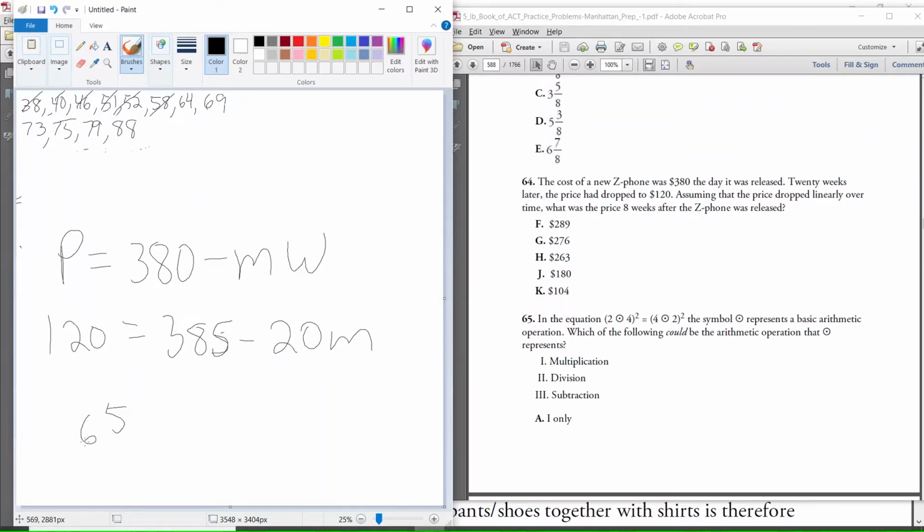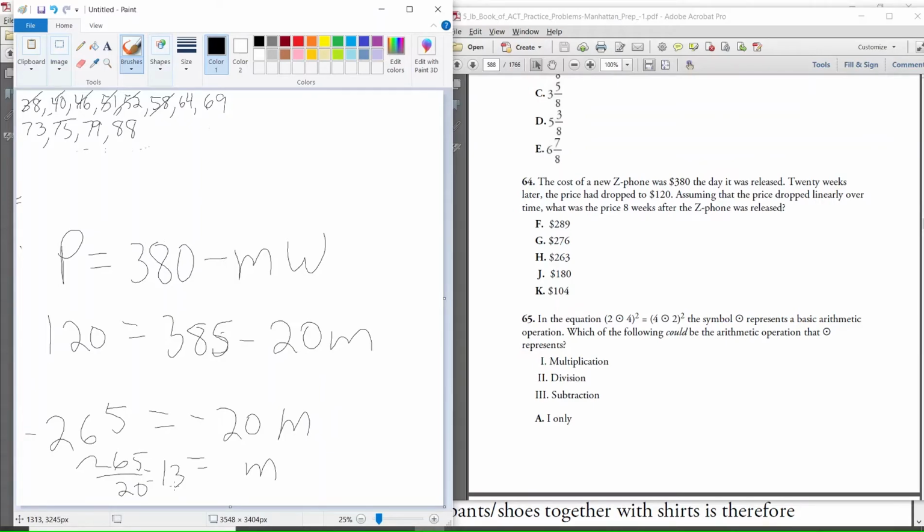Negative 260 equals minus 20M, and M equals negative 260 over 20, or just 260 over 20, because the negative signs go away, and that comes out to 13 bucks.